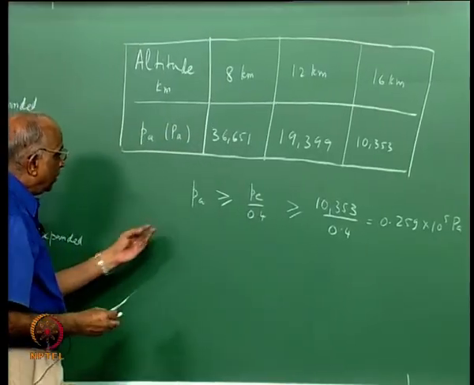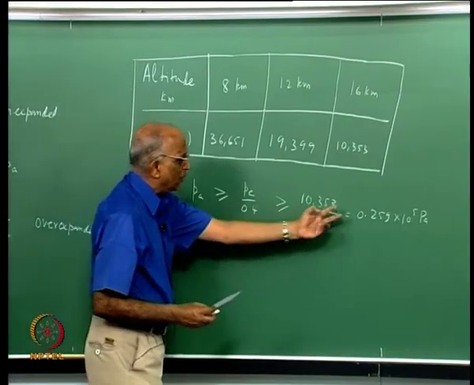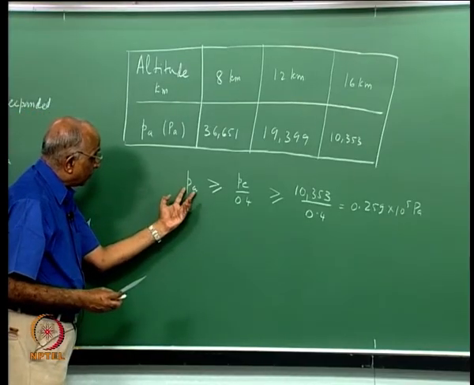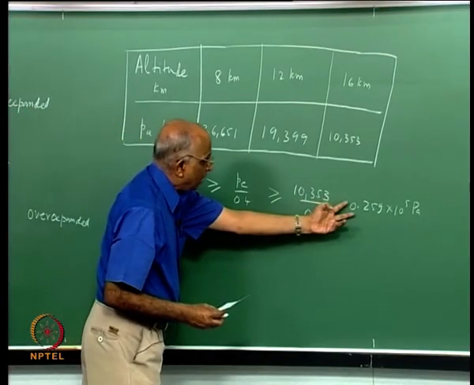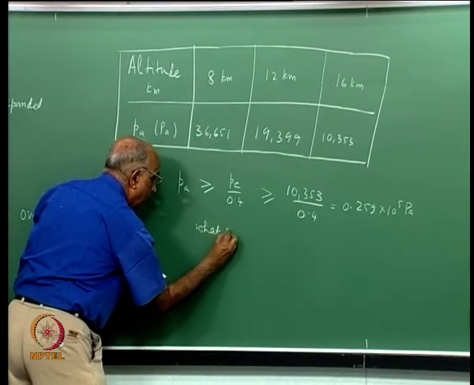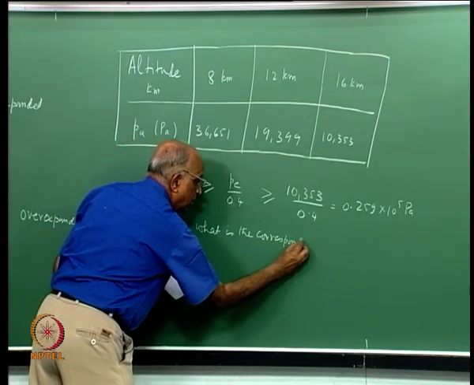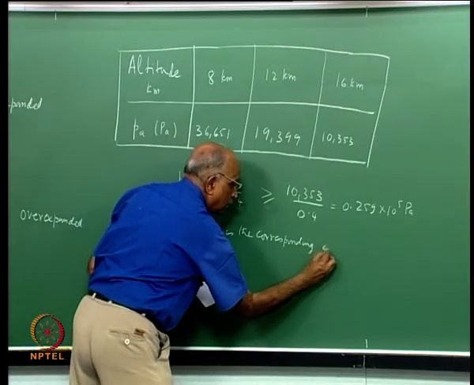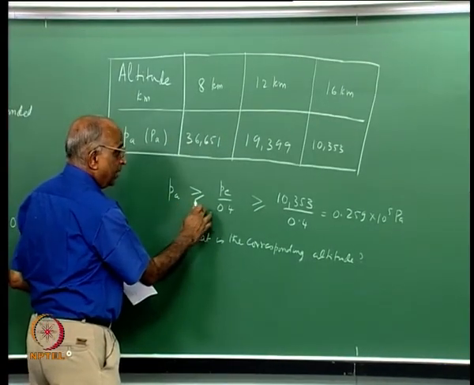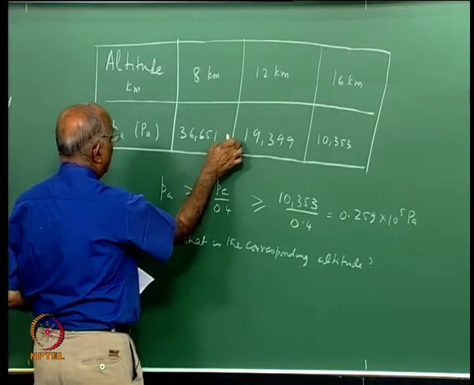Now, the question is when the ambient pressure is equal to or just greater than this value, the flow separation starts, and what is the corresponding altitude? Now, when Pa is equal to 0.259 into 10 to the power 5, it is somewhere between 8 and 12 kilometers.